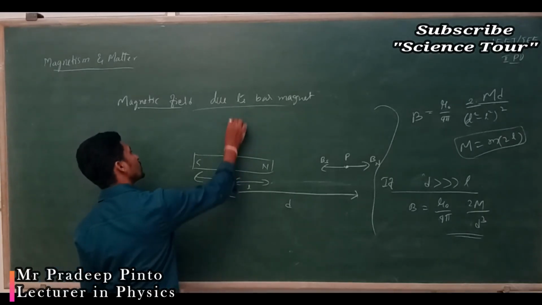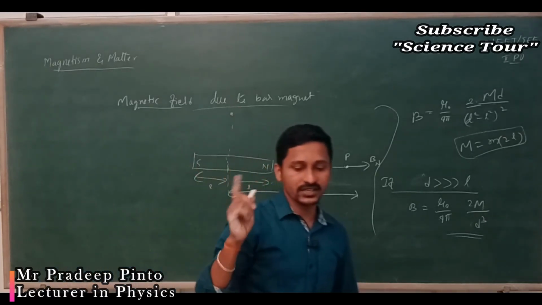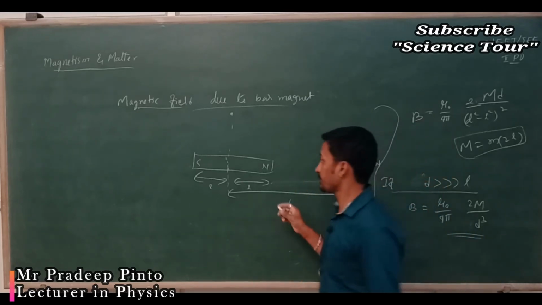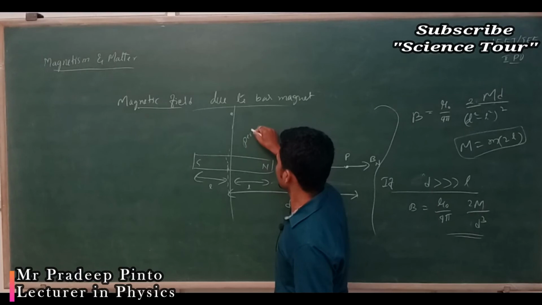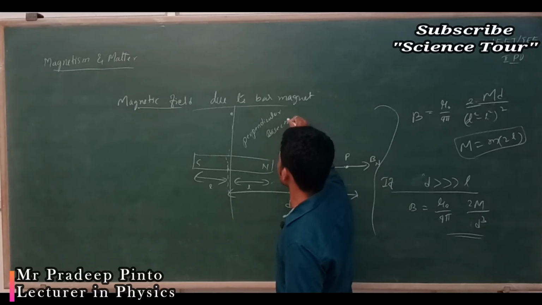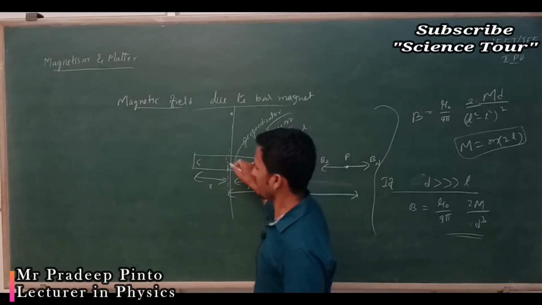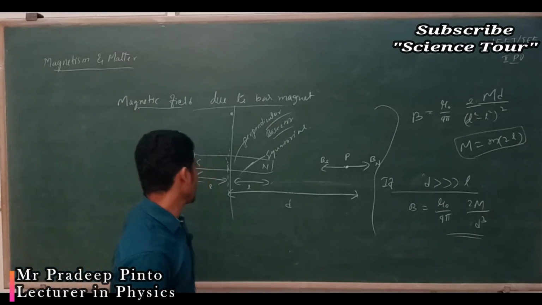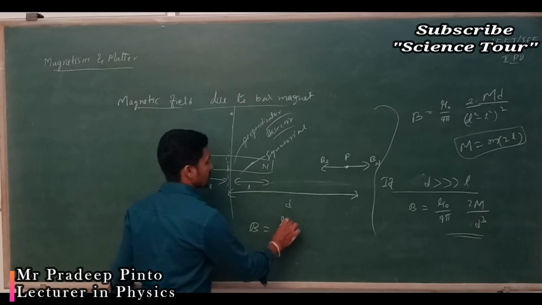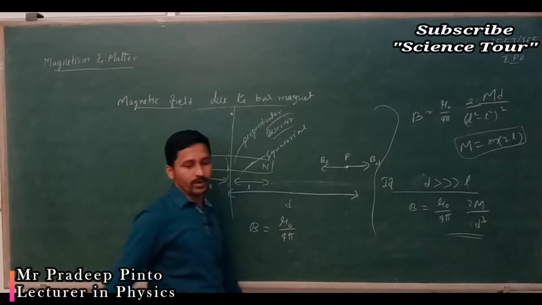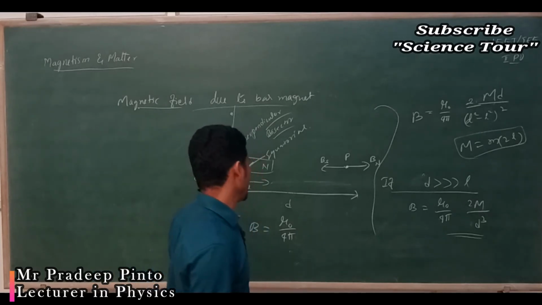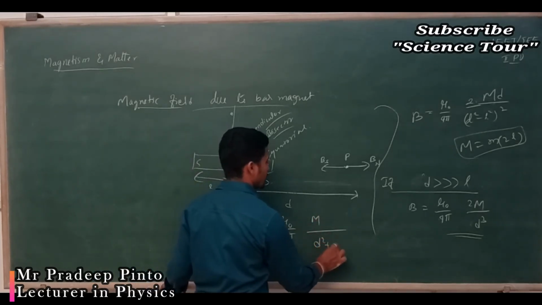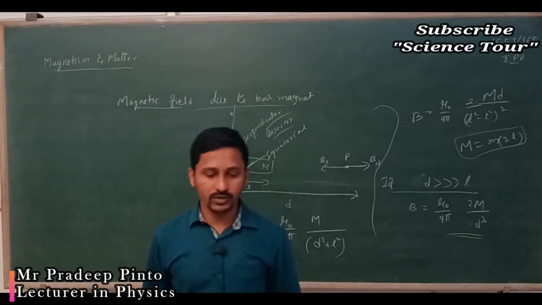Now suppose on the equatorial position, or the perpendicular bisector, or the equatorial plane, if you consider any point, we again get a different magnetic field, B, which is equal to mu naught divided by 4 pi into, do you remember what we have written for the electric field, m divided by (d square plus l square) to the power 3 by 2.